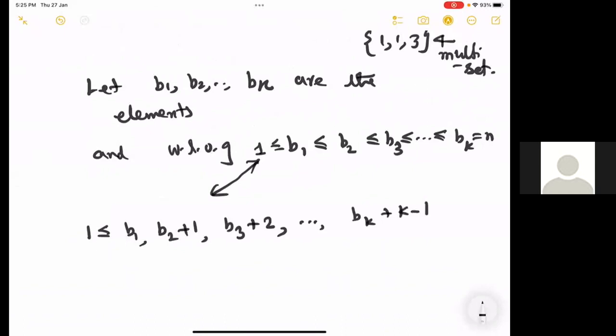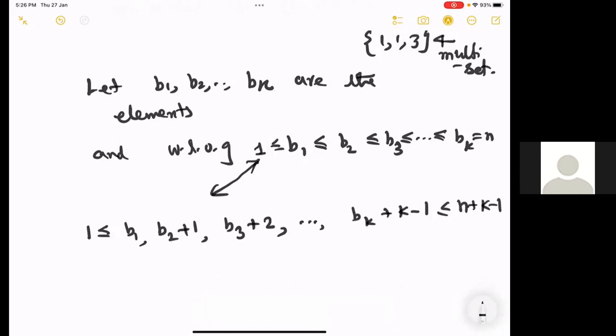So this is a bijection, using the same ideas in the problem we just discussed. And this goes up to n plus k minus 1, because I added k minus 1.